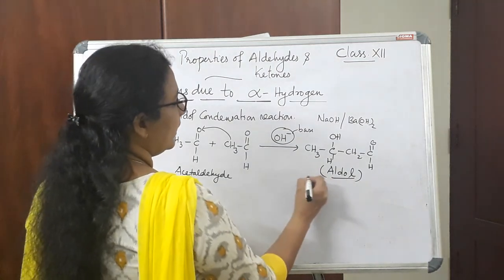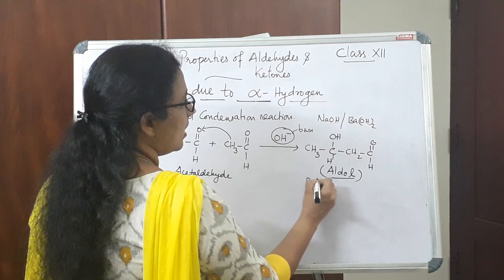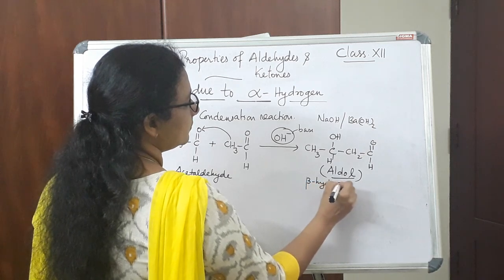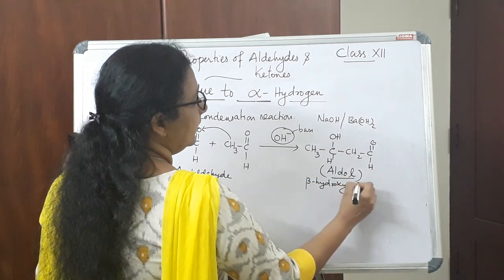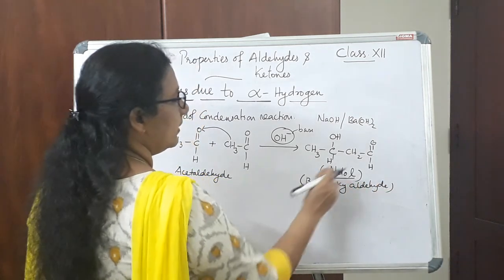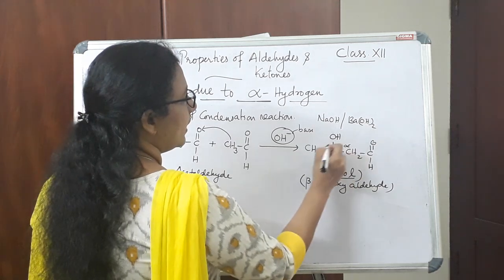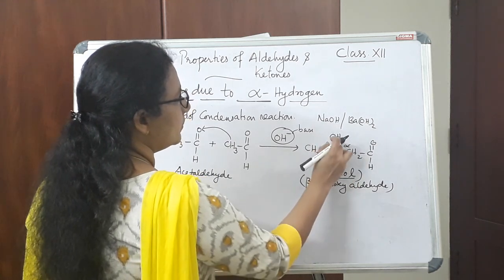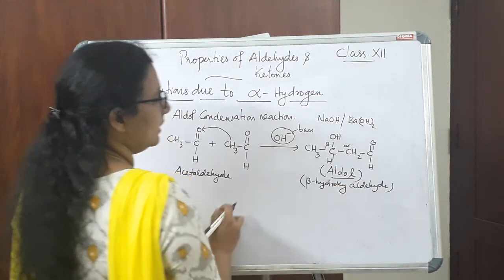Generally we can call it aldol, or we can call it beta hydroxy aldehyde. This is the alpha position and this is the beta position, so it will be beta hydroxy aldehyde.